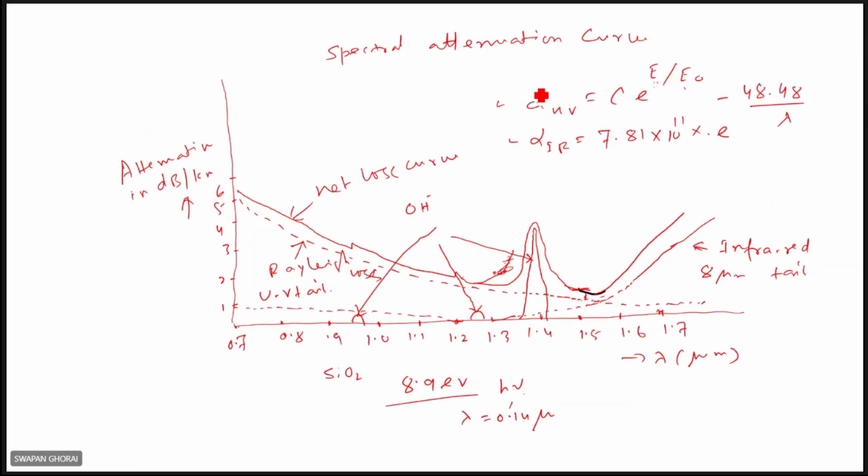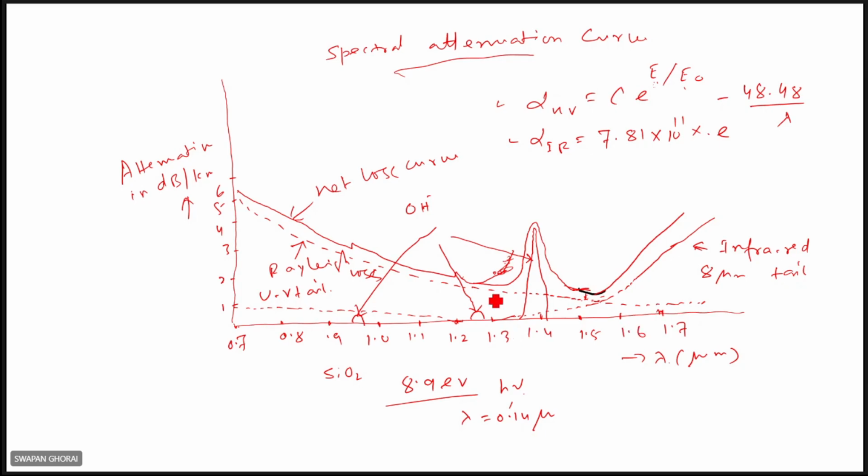You see, this is the spectral attenuation curve. This is the attenuation, and the x-axis is lambda in microns, showing all the wavelengths, the shorter regions and the longer regions. The wavelengths of interest in optical fiber communications are the 0.8 to 1.6 micron regions.